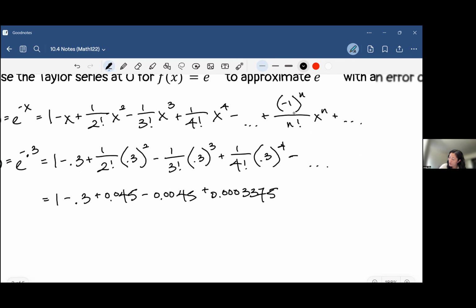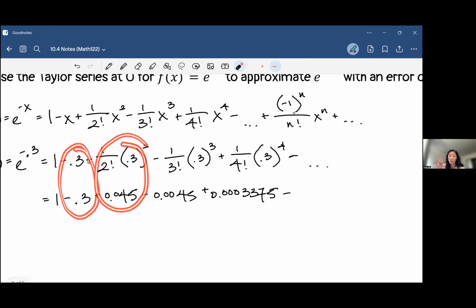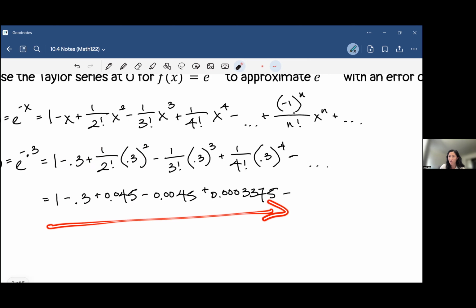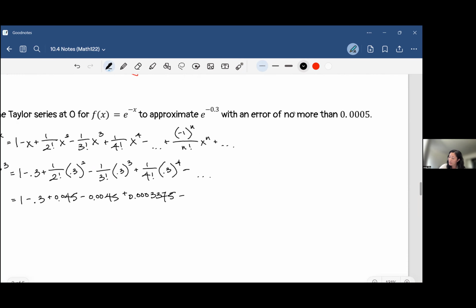Okay, I know after that there's going to be a minus, and I could just keep going. What's really important though is you do one term at a time in your calculator. Don't do them all at once, because what we want to see is each individual term and how that's impacting our estimation.